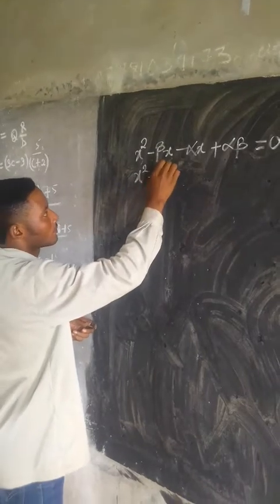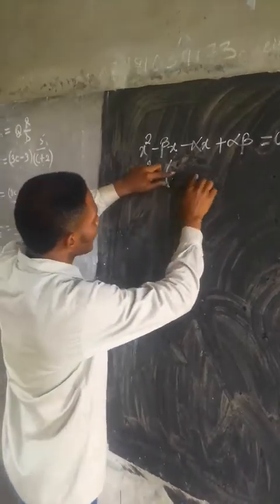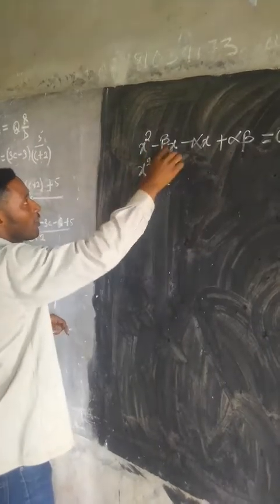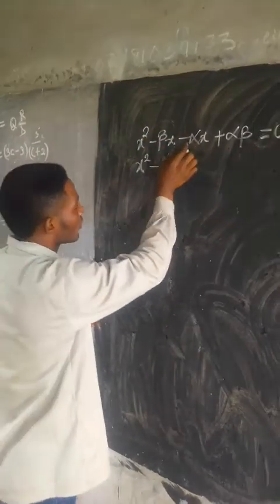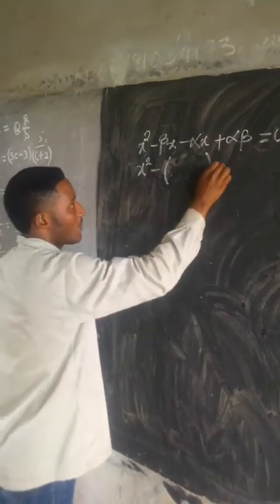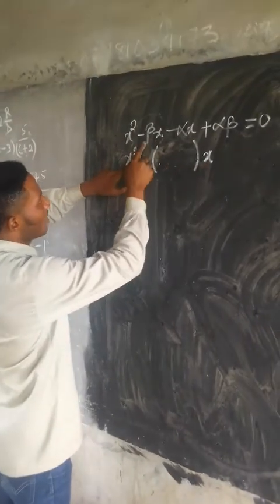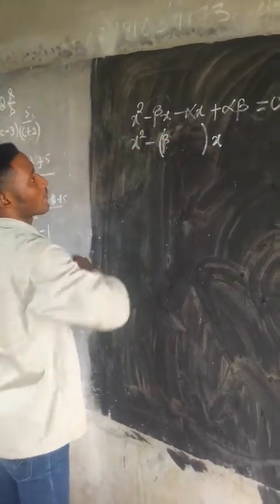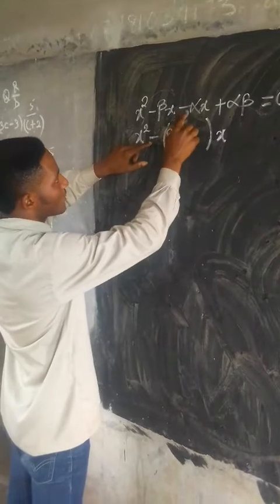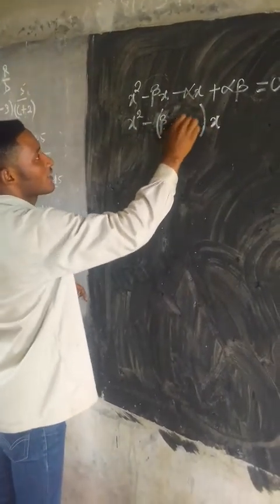Factoring that, we have x squared minus, in parentheses, what we get by dividing each term by minus x. Dividing minus beta x by minus x, we are left with beta. Dividing minus alpha x by minus x, we have plus alpha.